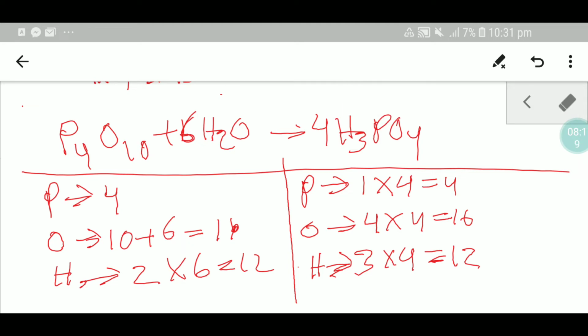Let me write 16 oxygen. Now your oxygen is 16, 16, so this is balanced. Your phosphorus is 4, 4, balanced. Your hydrogen is 12, 12, so hydrogen is balanced. So you can say that this is the balanced reaction.